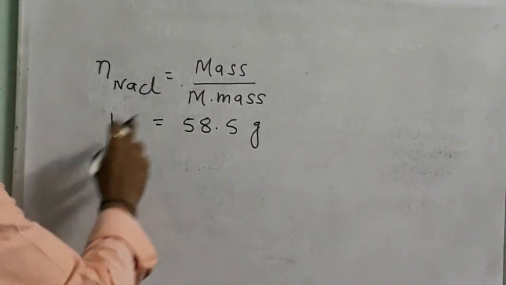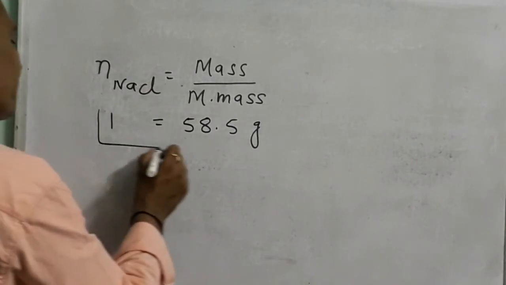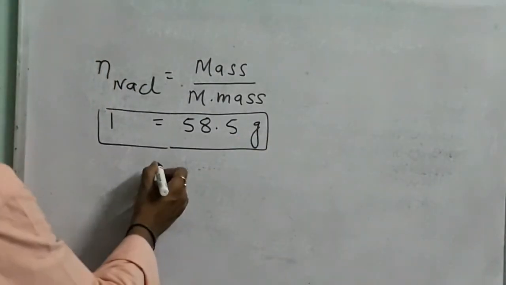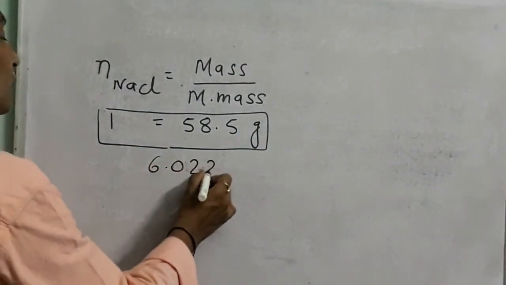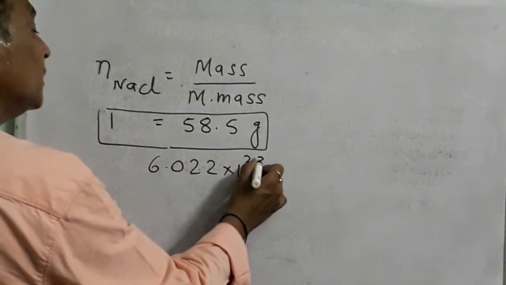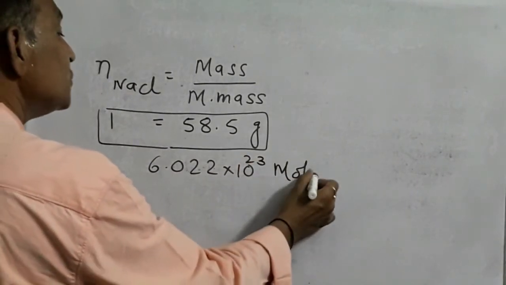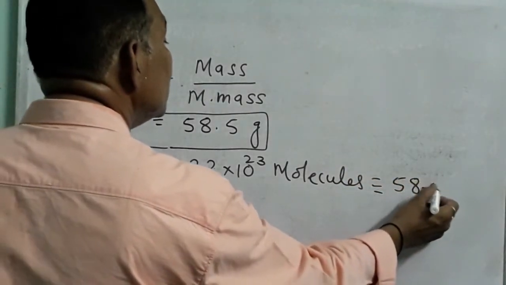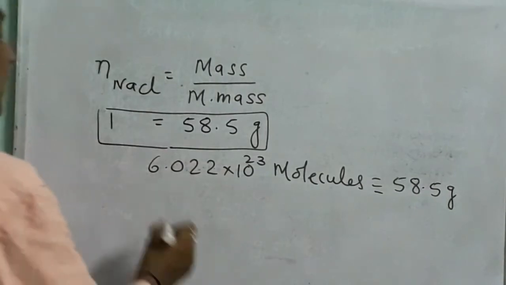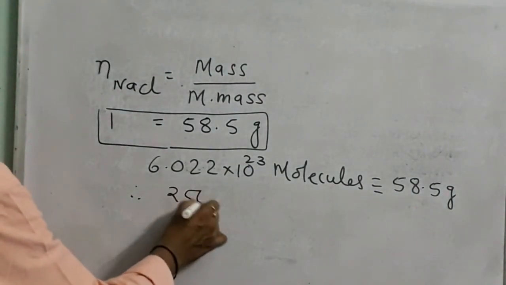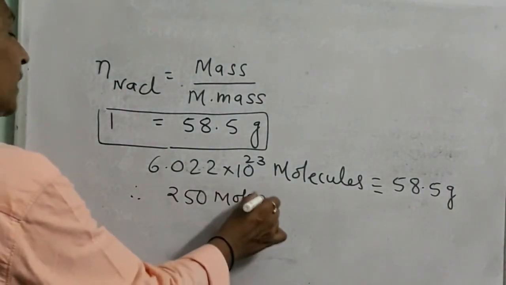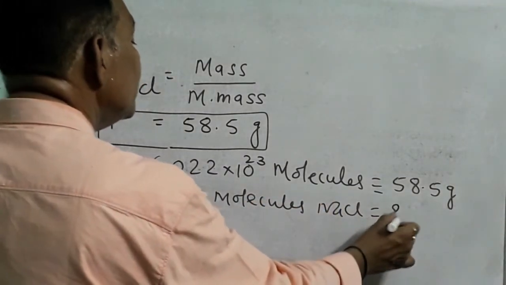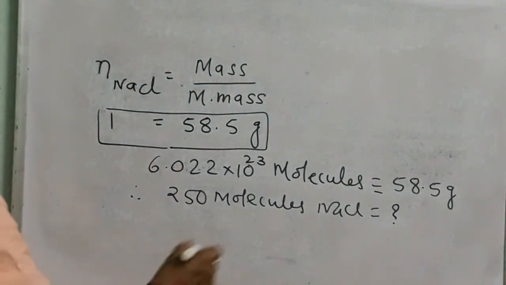So directly from this information you can put up an equation: 6.022 into 10 to the power 23 molecules of NaCl corresponds to 58.5 gram, and therefore 250 molecules of NaCl will correspond to how many gram? So this will be cross multiplication.